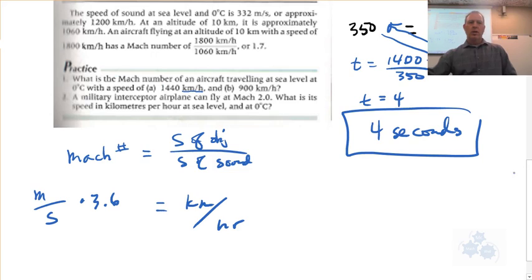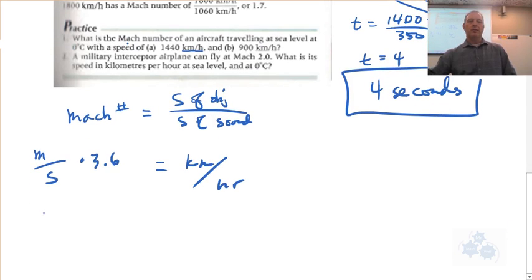All right. So let's do 1A together. What's the Mach number of an aircraft traveling at sea level at 0 degrees? Well, at 0 degrees Celsius, the speed of sound is 332 meters per second.